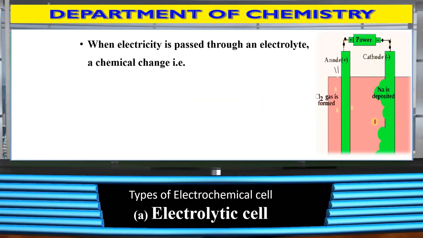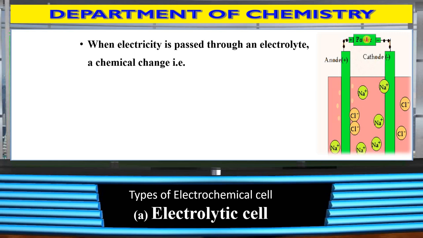Now let's see. When electricity is passed through an electrolytic solution, a chemical change occurs. Without electricity, we cannot carry out the electrochemical reaction. When the switch is off, the aqueous solution of NaCl is not able to donate electrons or accept electrons at the cathode.